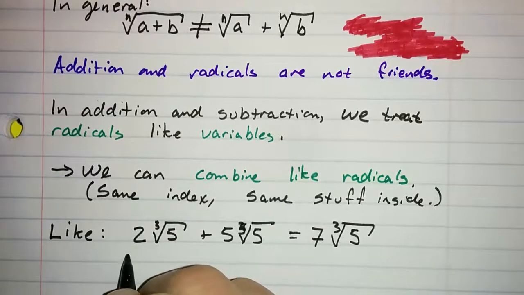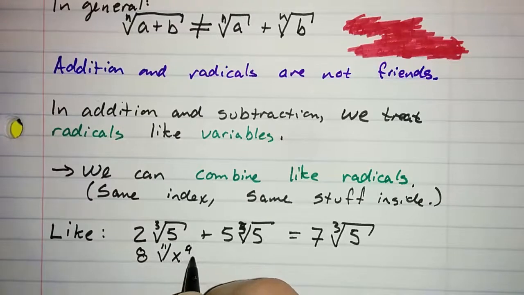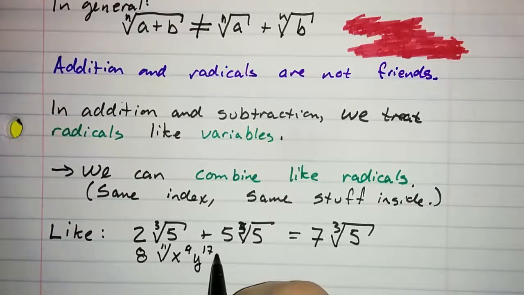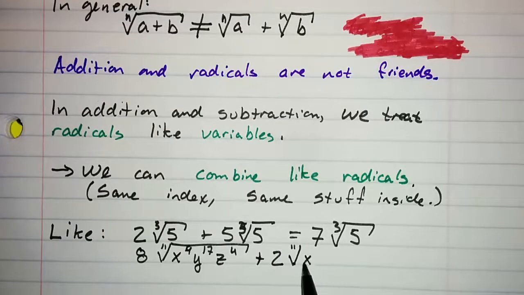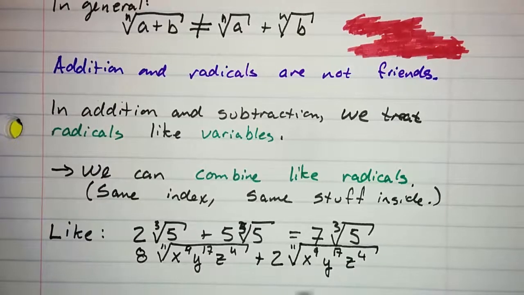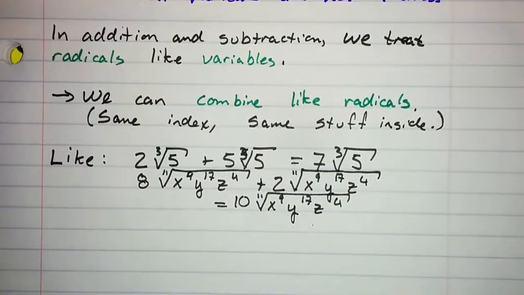If we have 8 11th root x to the 9th, y to the 17th, z to the 4th, plus 2 11th root x to the 9th, y to the 17th, z to the 4th, well, we can combine those and get 10 11th root x to the 9th, y to the 17th, z to the 4th. Right? As long as it's exactly the same thing inside all of the radicals, we can combine them.